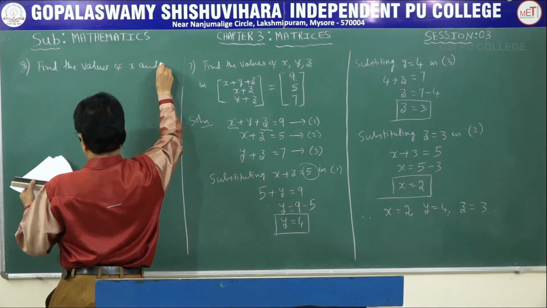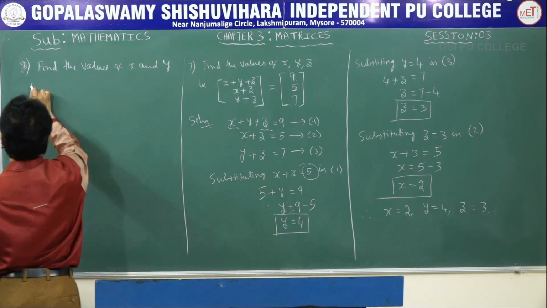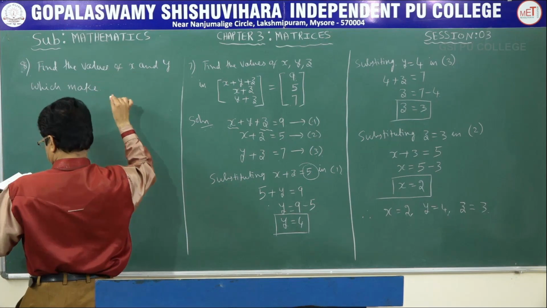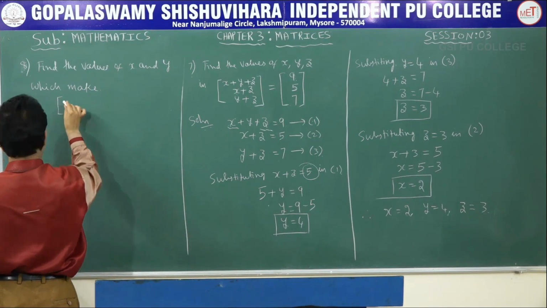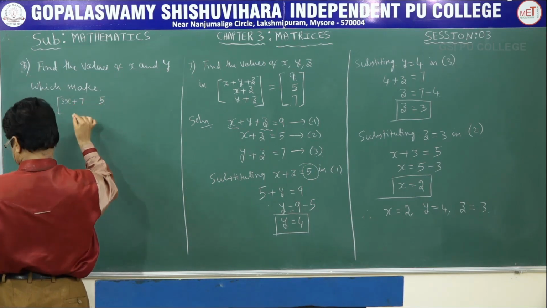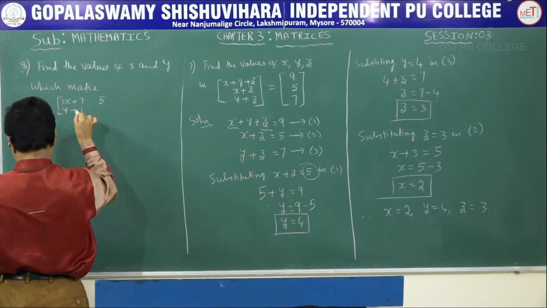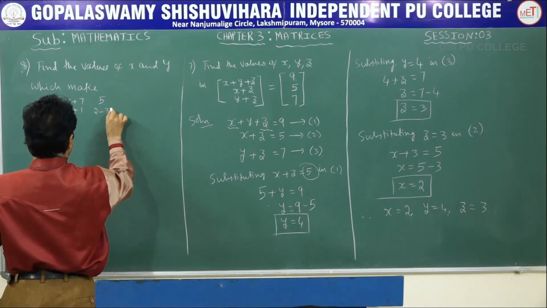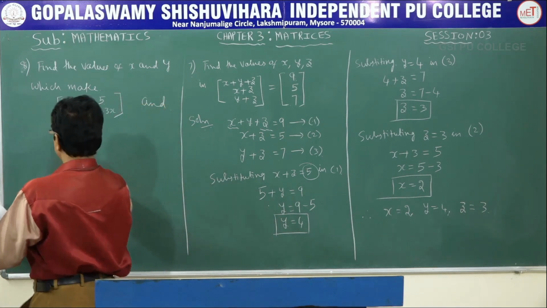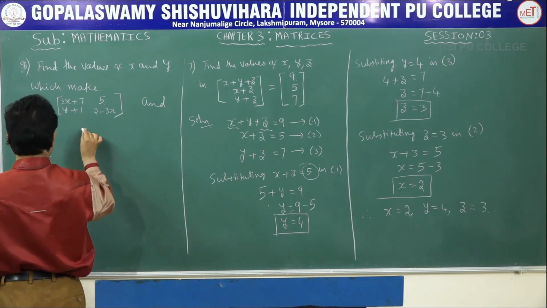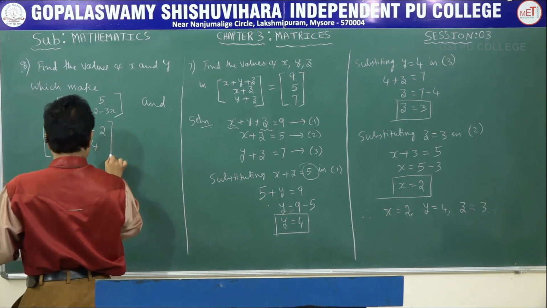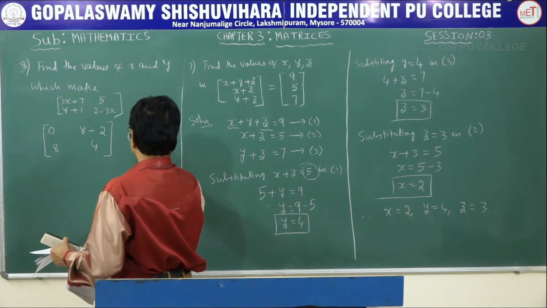Find the values of x and y, which make [3x plus 7, 5; y plus 1, 2 minus 3x] and [0, y minus 2; 8, 4] equal.